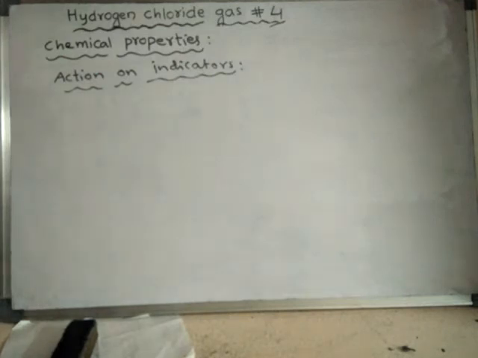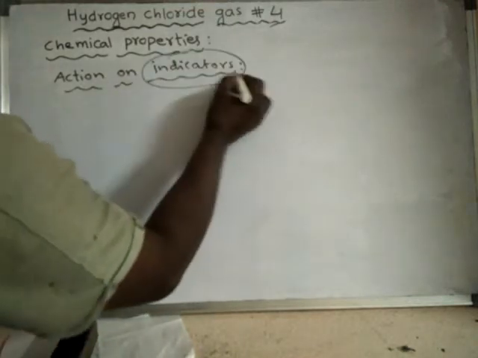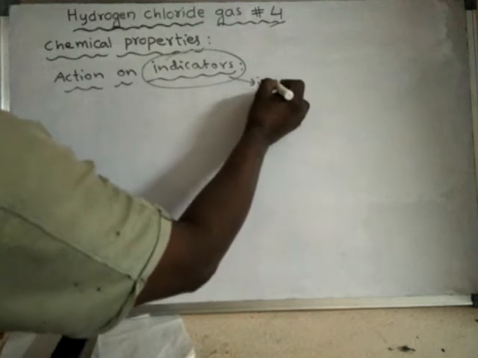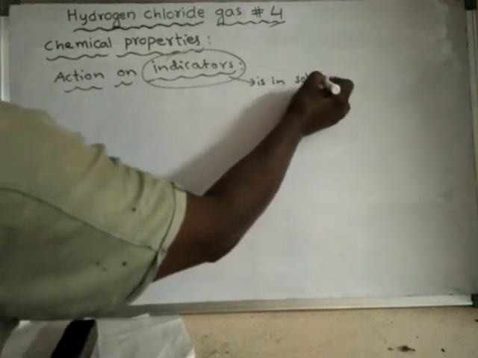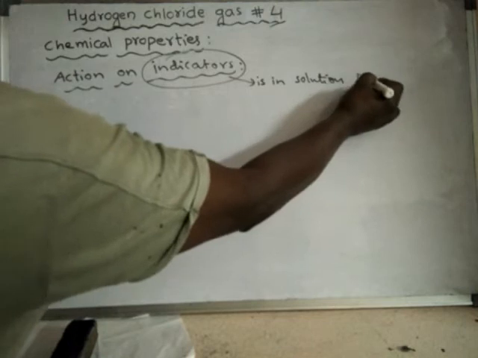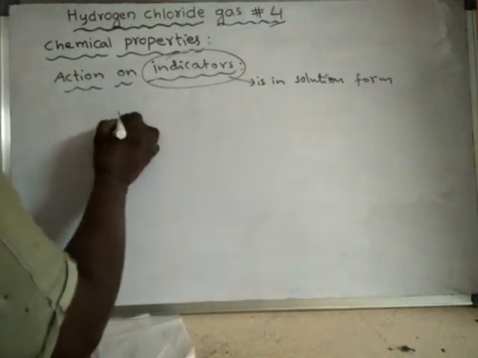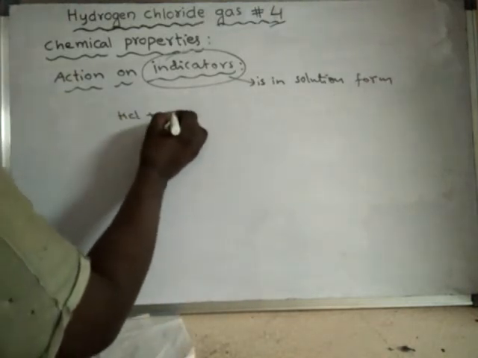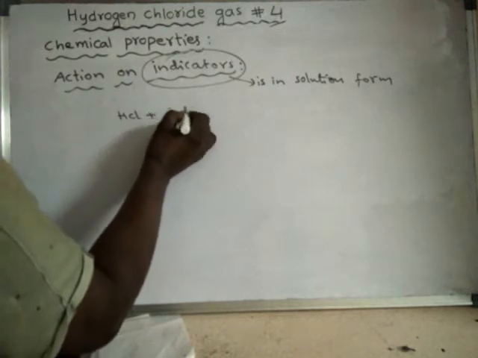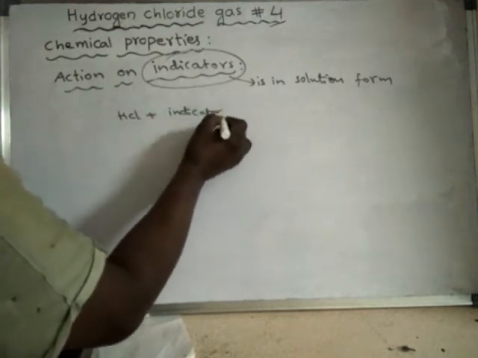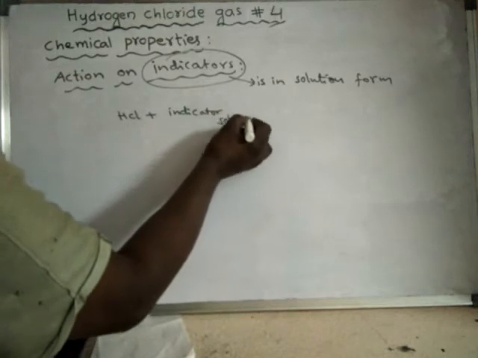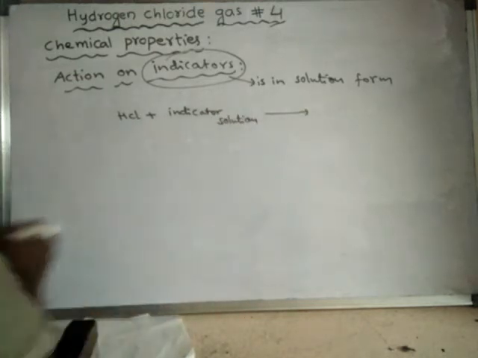HCl gas, being acidic in nature, affects indicators. Indicator here means indicator in solution form. So when HCl is added to the indicator solution, it will show a chemical reaction.